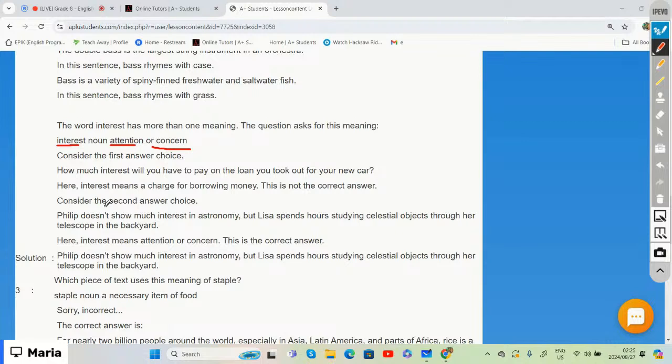And it says, how much interest will you have to pay on a loan you took out for your new car? So that word interest is a charge when you borrow money, maybe from a bank, or when you make a loan, and then it means that you need to pay interest.